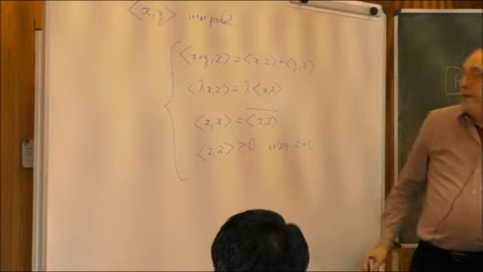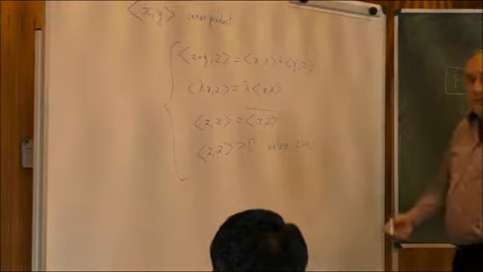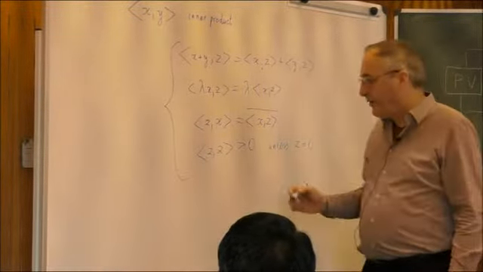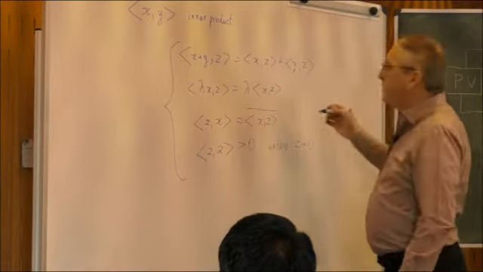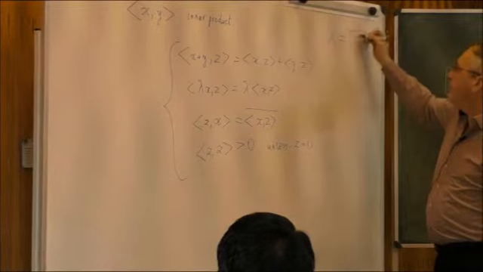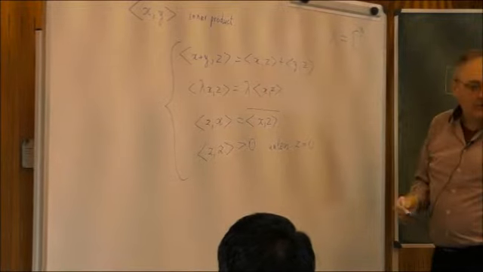Now, the simplest example of an inner product, which you know from elementary school, is if you have the space X equal to C to the power n, which means vectors with n components.